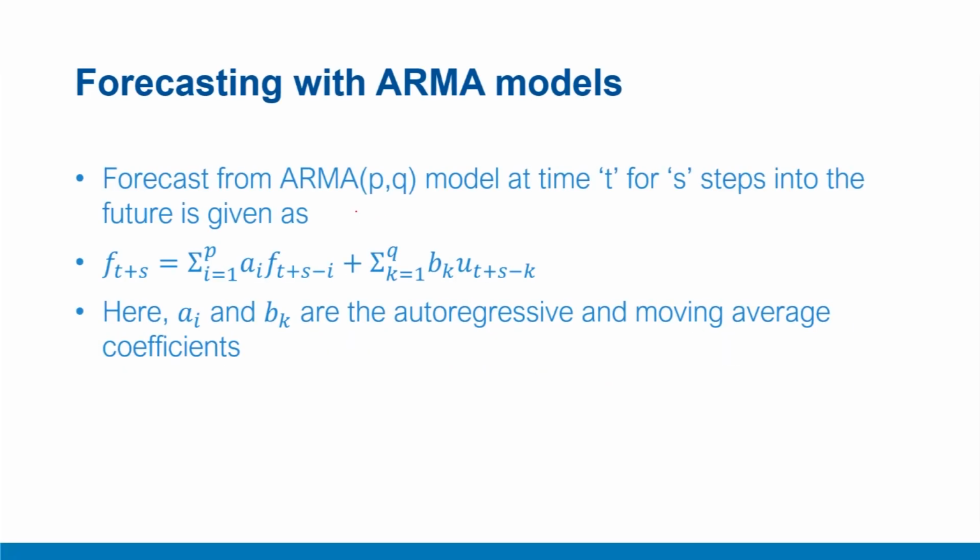Let us examine this simple ARMA(p,q) model at time t with s steps into the future. The forecast would appear something like this. The notation is f t plus s, representing the forecast at time t, s steps ahead. Now it will have two components. First, the AR component, that is its own previous terms.